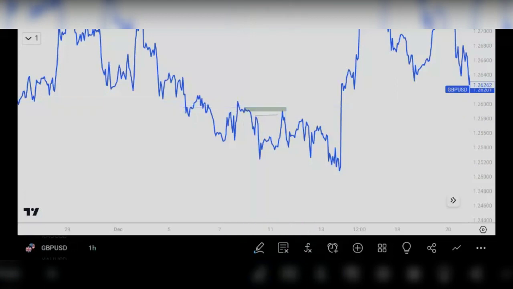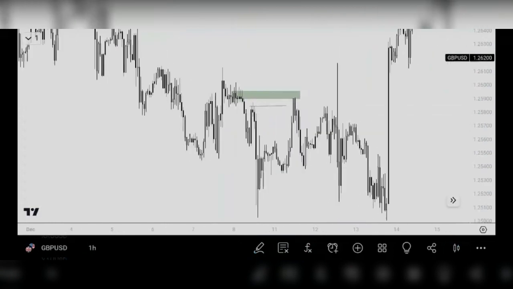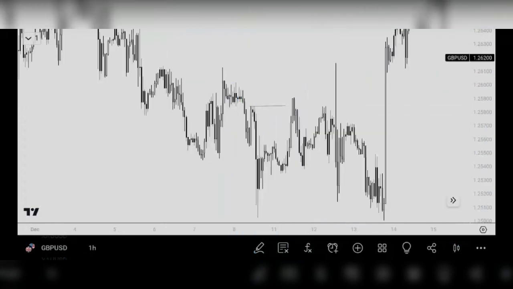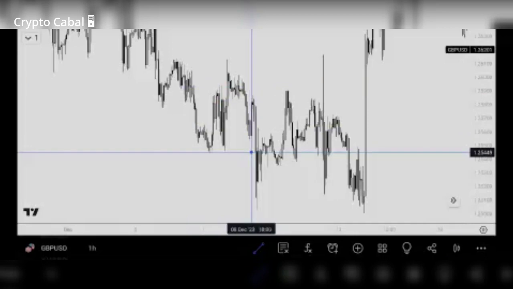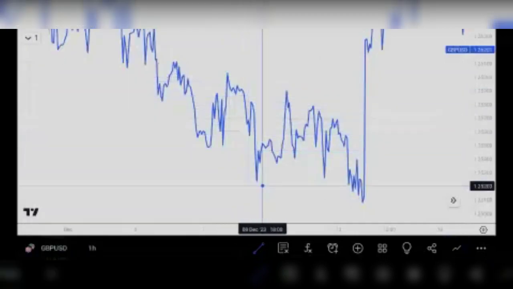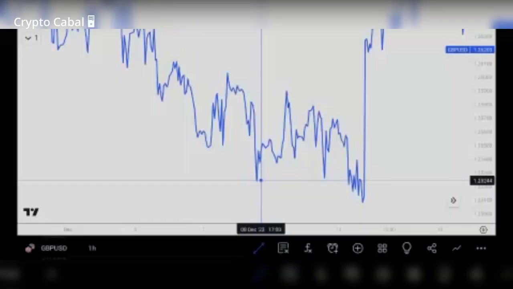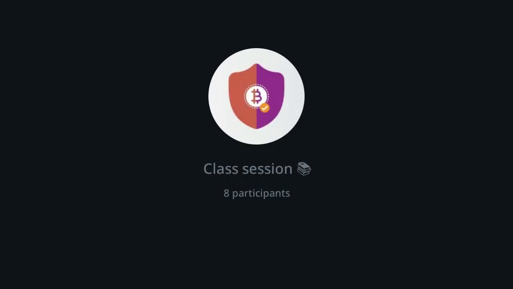Now, if you switch to your candles, you see how perfect it is. It's more clear. But on a normal chart, you might not be able to decode what is here. With the line chart, see how accurate it is. Points A, B, C, and D. Simple. And that is how it works.